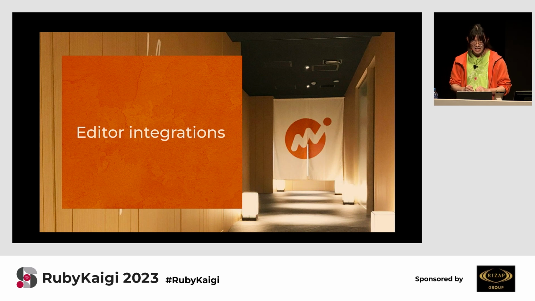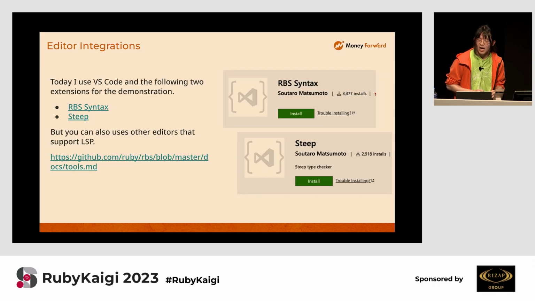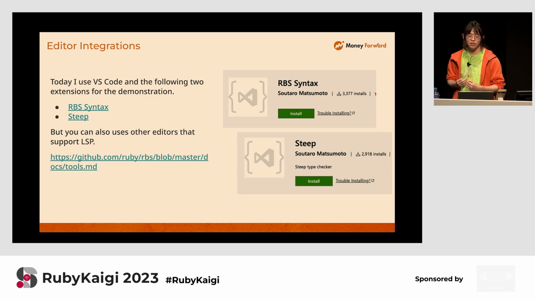The next slide is editor integration. Today I will demonstrate writing RBS after this slide. I will use VS Code for the demonstration with two extensions: RBS syntax and Steep.